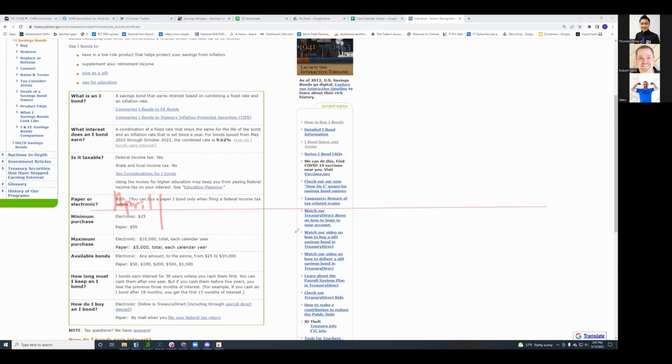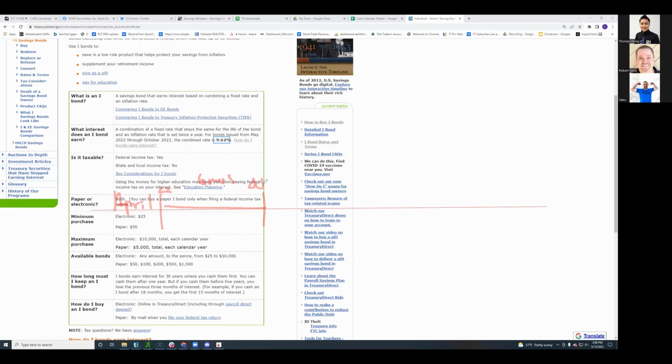And I knew that this was likely to happen, that you were likely to get a 9.62%. So since I bought in April, for the first 6 months I'll get that 7 point something percent. And then for the next 6 months after that, I'll get this 9.62%. So total annualized comes out to be like 8.3%, right?